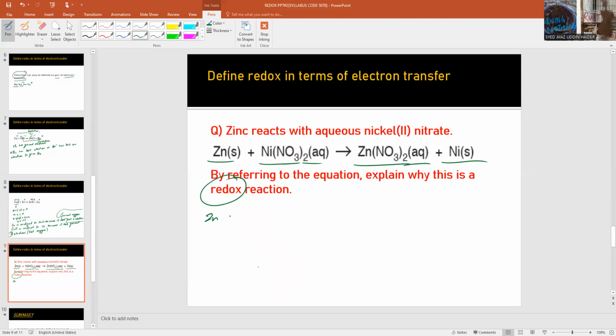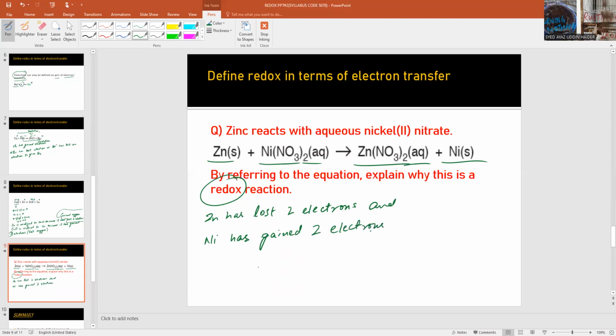Zn has lost 2 electrons. And Ni has gained 2 electrons.